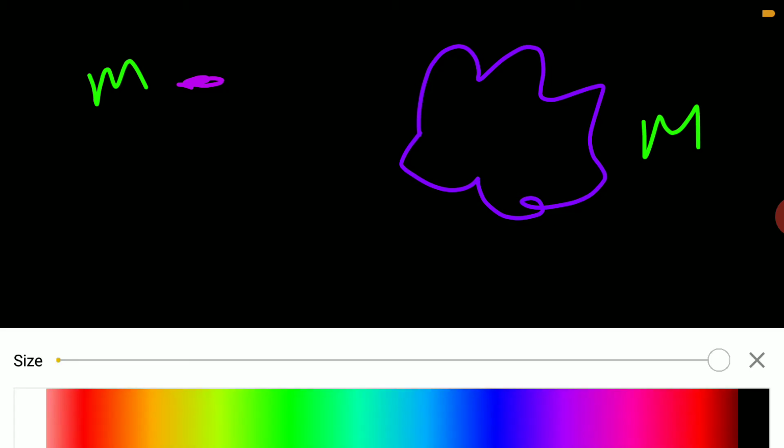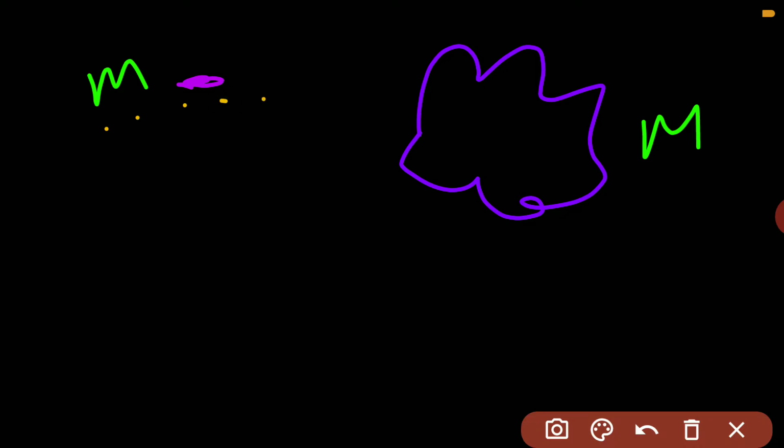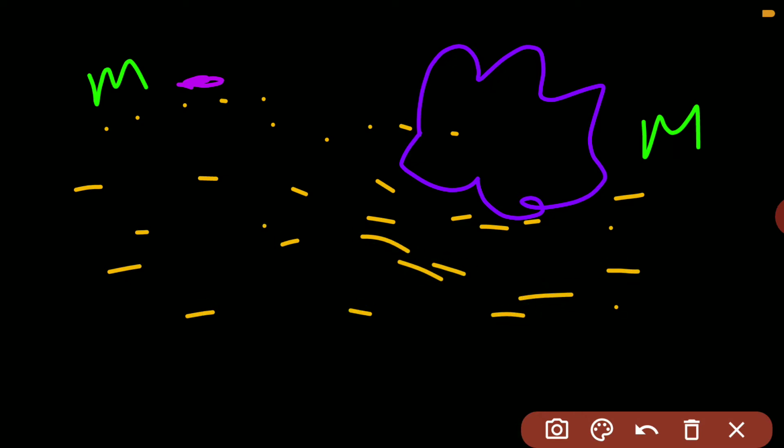When they are made to drop in air, suppose these small dots here represent the small molecules of air. So when these two things are falling down, they will get submerged in this air. When they get submerged in this air, obviously they will experience some upthrust.